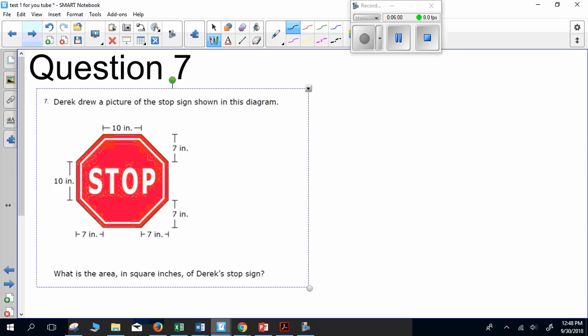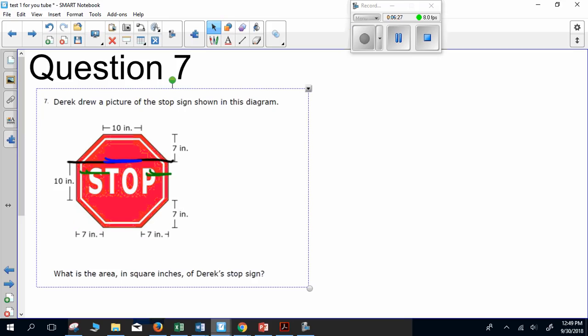Okay, the stop sign question. If I divide it right here, I get a trapezoid. If I look at that trapezoid, this distance right here, that's 10. Then if I look down here at the bottom, I see that this distance right here is 7, and this distance right here is 7.